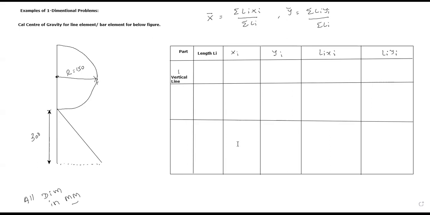Yes or no? Second part is your semicircular arc. And your third part is inclined line.